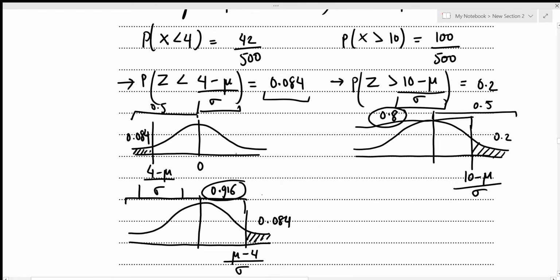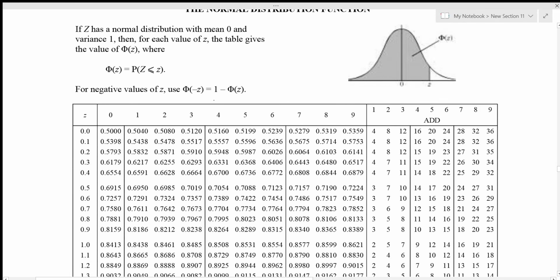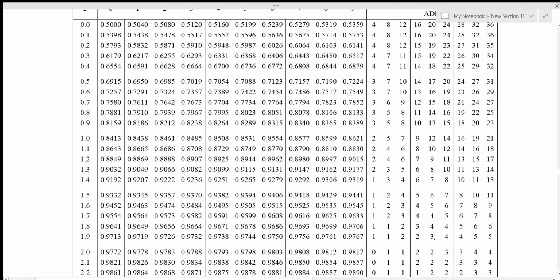Let's just go to the normal distribution table. Okay, let's first look for the probability of 0.916. So the closest one is here, but we need to find the exact value. Since we have 0.9147 here, let's figure out the difference first. We need the value of 0.916, and we're given the value of 0.9147. The difference here is going to be 0.0013, which means that if 13 is added to this, we'll have a probability of 0.916, and 13 is given right here.